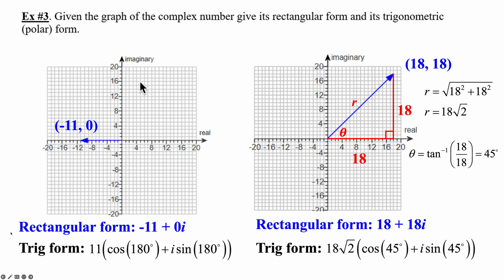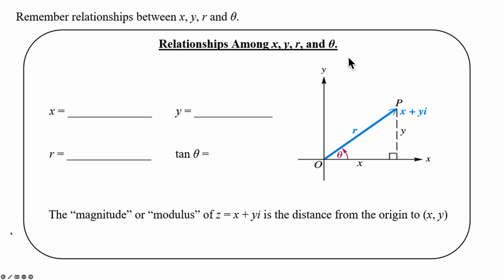So, to look all this over, here's everything we need. The relationship between x, y, or a and b, r and theta, is as follows. X is always r times cosine theta. Y is r times sine theta. R is the square root of x squared plus y squared. Hint, hint, always positive.